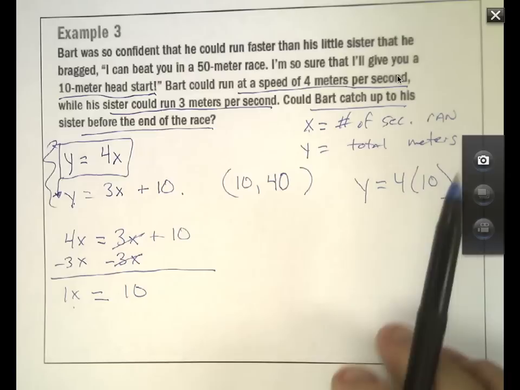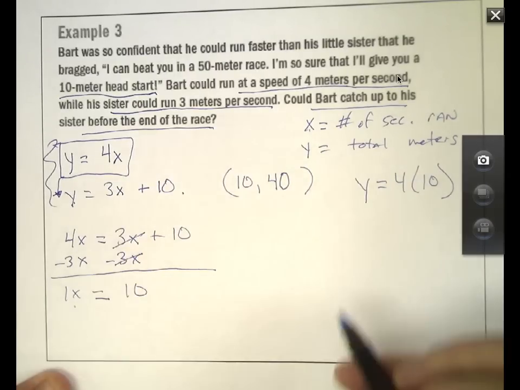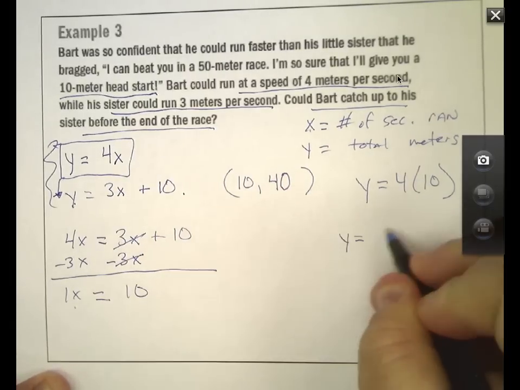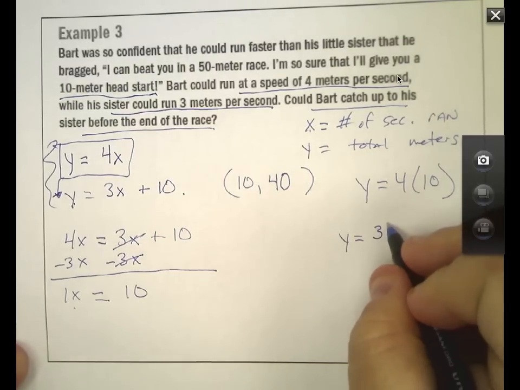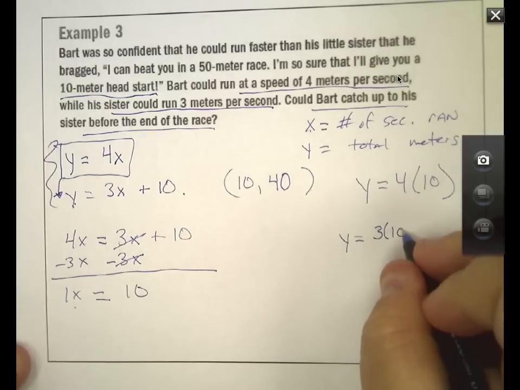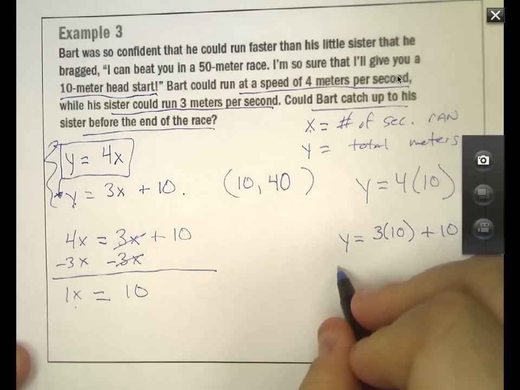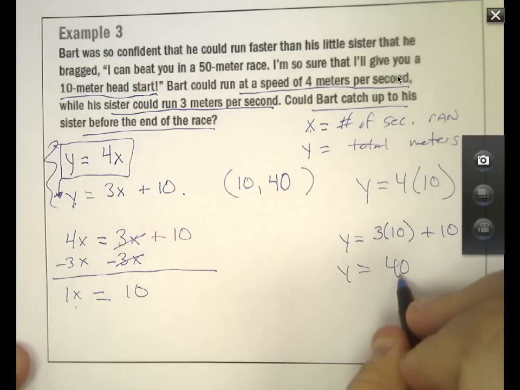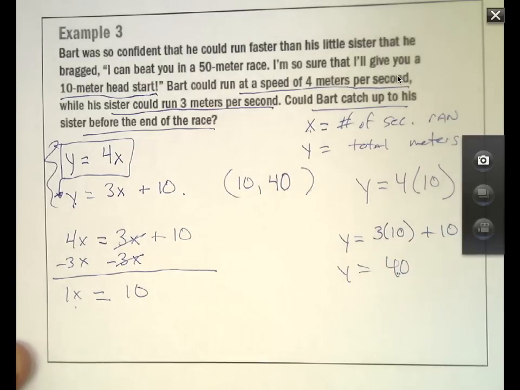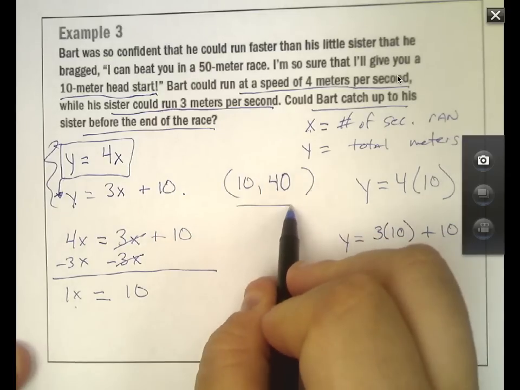Okay? Everyone agree? Let's check out his sister's equation. Y equals 3 times x, which is now 10, plus 10. Okay? Y equals 40. So yes, his sister at 10 seconds is also at 40. So, this is the break-even point.